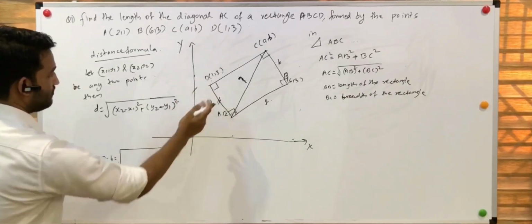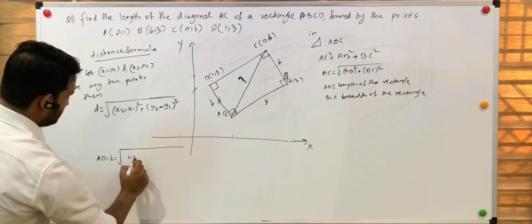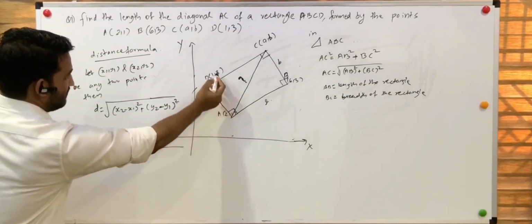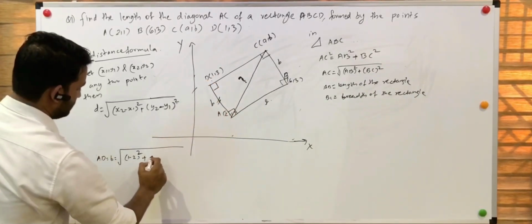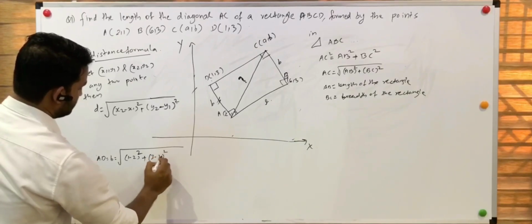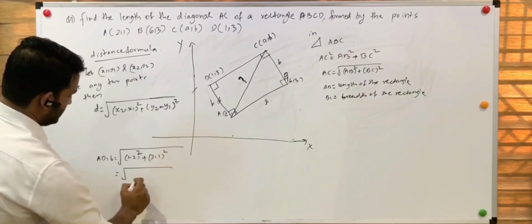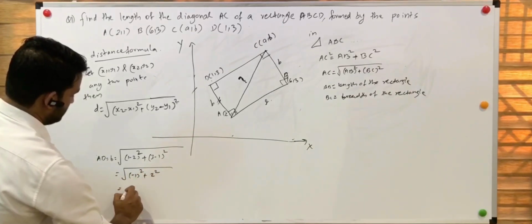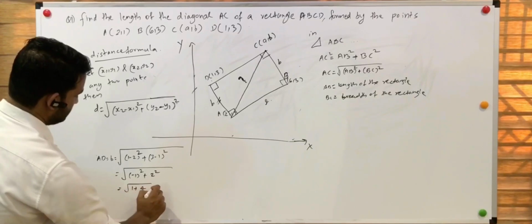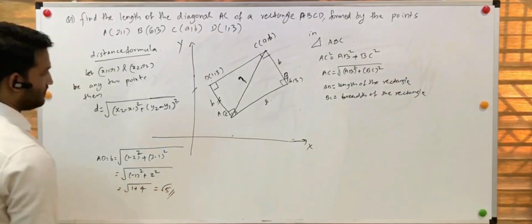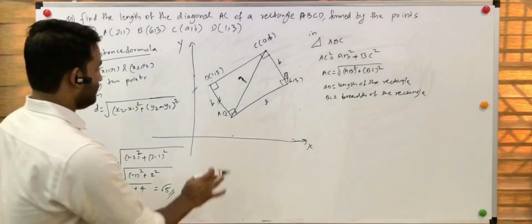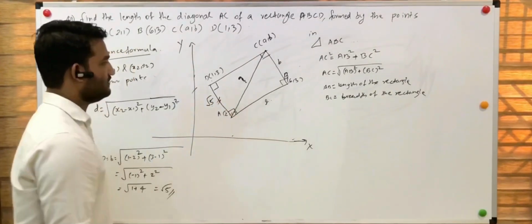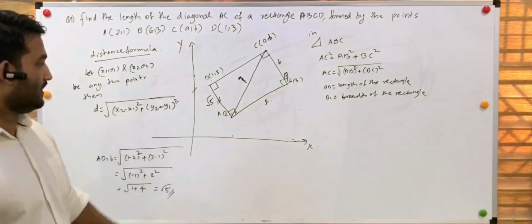Use the distance formula: 1 minus 2 whole square and y2 minus y1, y2 is 3 and y1 is 1, 3 minus 1 whole square. So we get minus 1 whole square plus 2 square, that is equal to 1 plus 4, it is equal to root 5. So we have got the breadth of the rectangle, root 5.